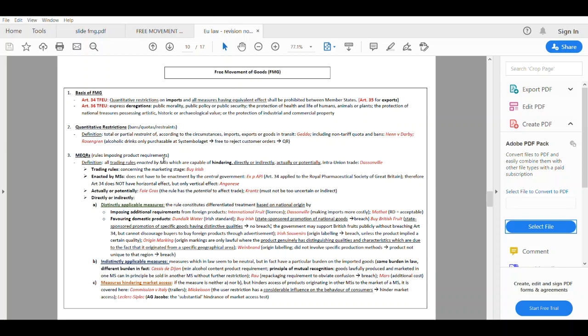So, if we consider a case for the argument of proportionality, we can see the case of Campus Oil. In that case, the restriction was that all the petroleum stations within the member state should buy 35% of their supply from the member state's reserve, and only after buying 35% could they import petroleum.